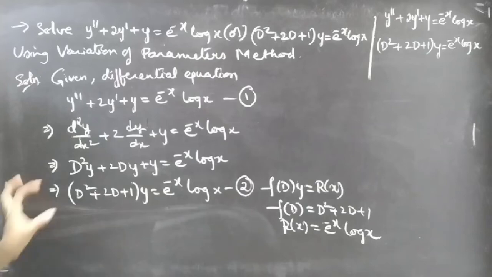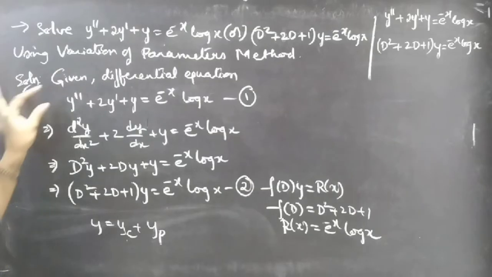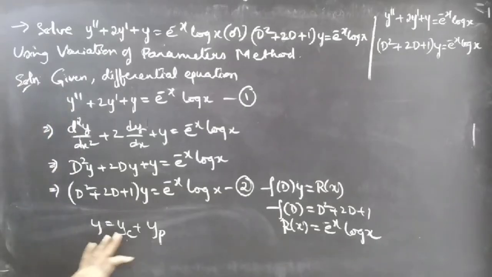Now the solution to equation 1 is given by y equal to yc plus yp. So we'll find yc using the auxiliary equation and later using yc we'll find yp. The general solution of equation 1 and 2 is given by y equal to yc plus yp.